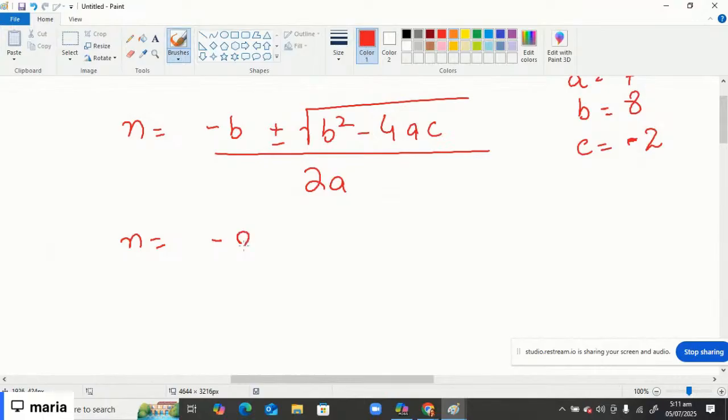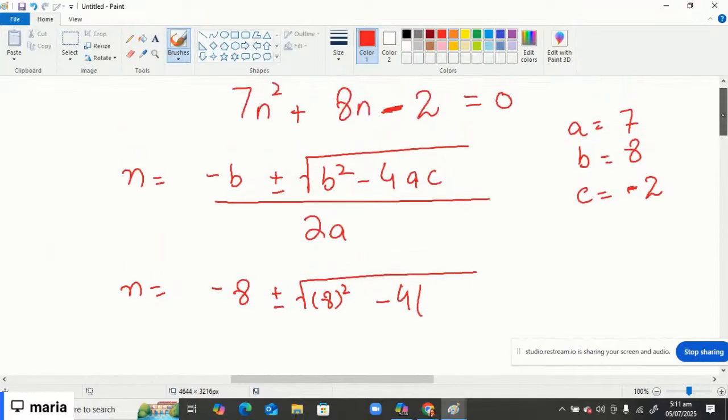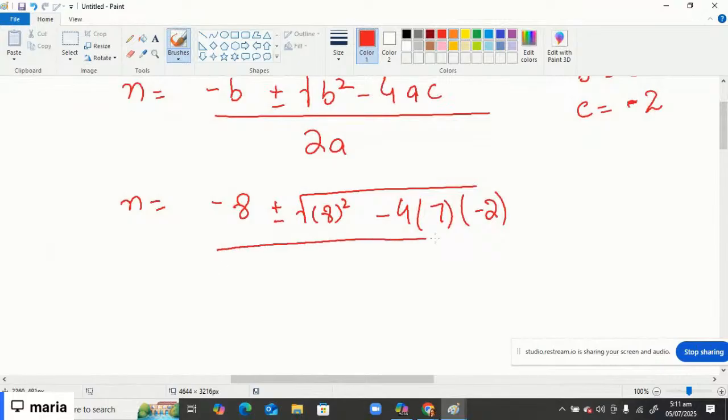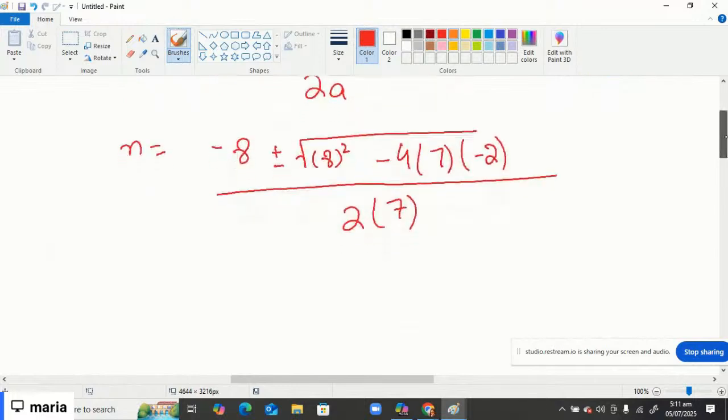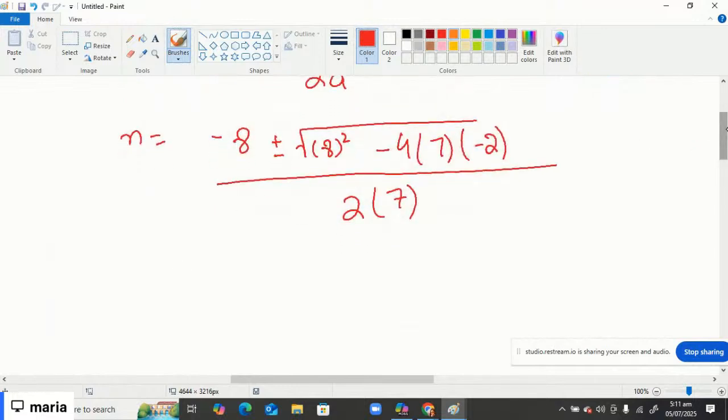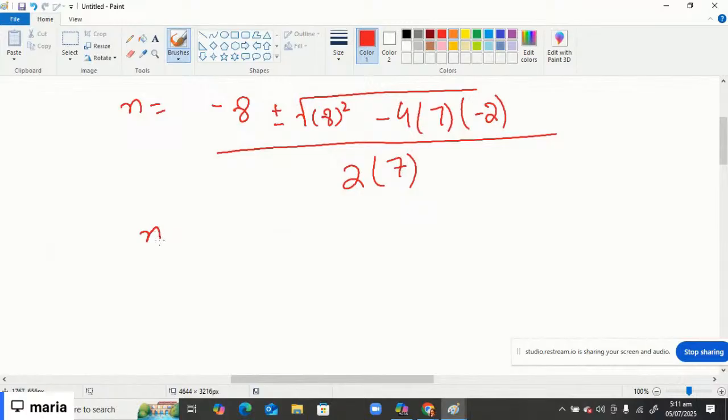Okay, just putting the values in the question. Minus b is minus 8 plus minus the square root of 8 square. This is b square minus 4, your a is 7 and your c is minus 2. You put it with the negative sign, over 2 times a, that is 7. Now let's solve. n is equal to minus 8 plus minus 8 times 8 is 64.